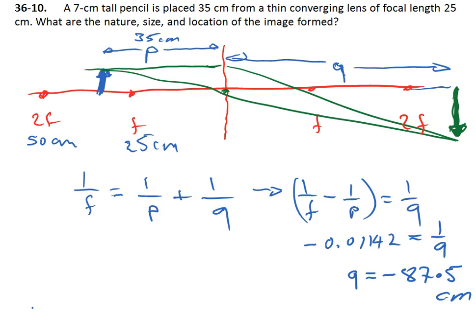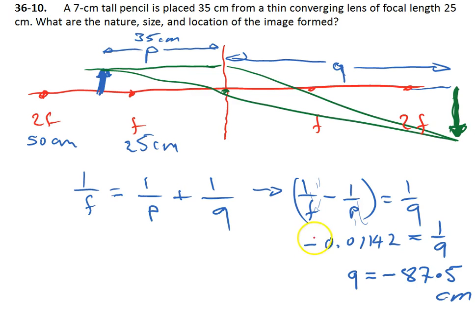And I can see that I must have made a mistake because I have a negative number for q, and q must be a positive number. So going back and checking using reasonableness, 1 over 25 is going to be a bigger number than 1 over 35, and therefore I have made a mistake, and I'll recalculate that.